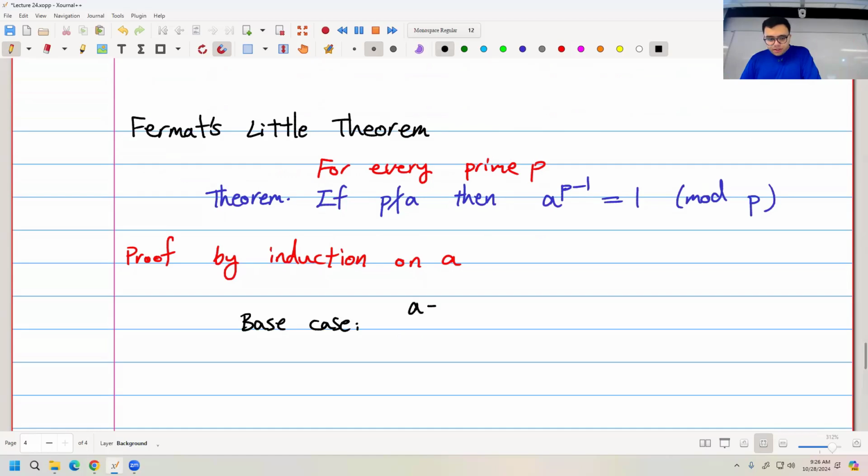So if A is 0, what is A to the power of P minus 1? Well, actually, you cannot do 0. Sorry, I forgot that I've written Fermat's little theorem like this. I've said P does not divide A. Okay, so base case is when A is 1. So 1 to the power of anything is 1. So of course, A to the power of P minus 1 is 1 modulo P. Base case is very true.